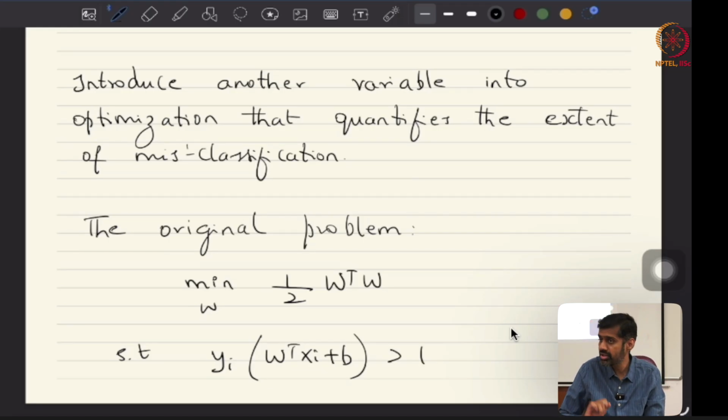This is what the original problem was. Now on a data point xi, this decision boundary can make a mistake, because for all xi I cannot find a W such that this happens. Now suppose it makes some mistake. So what I will do is add or subtract that mistake from this.